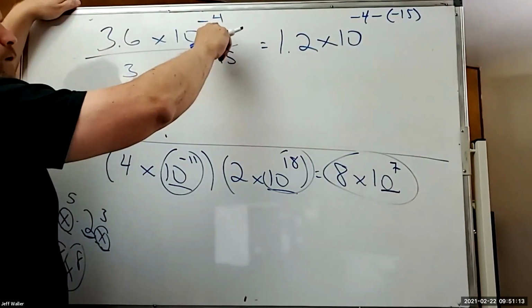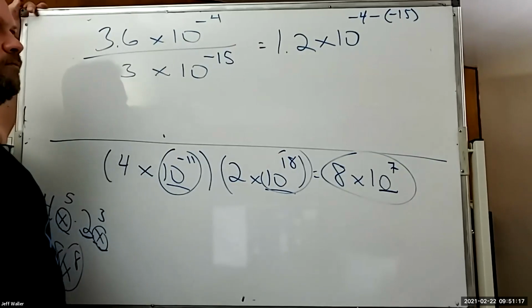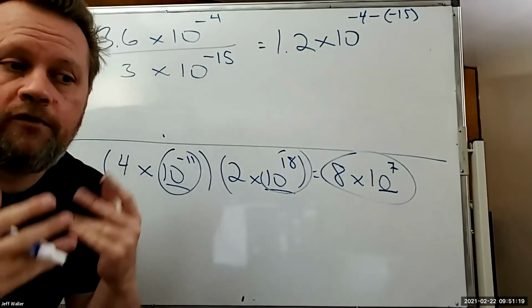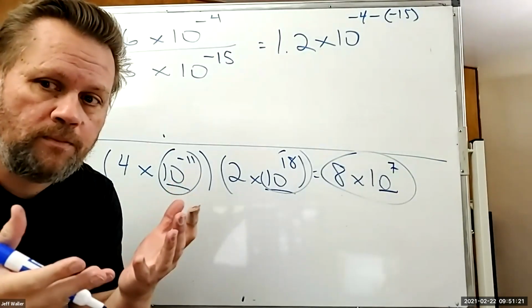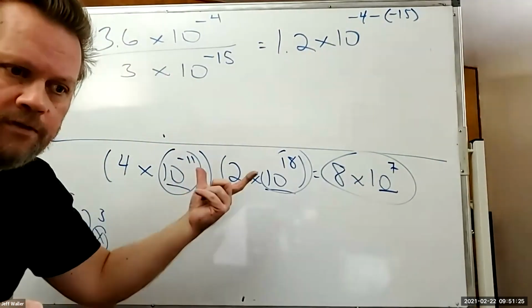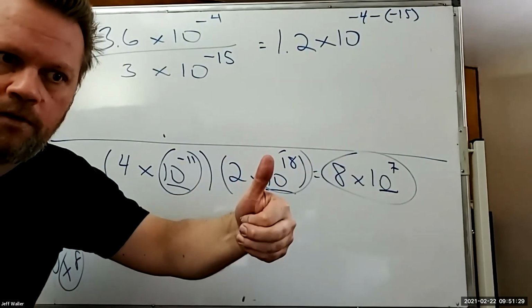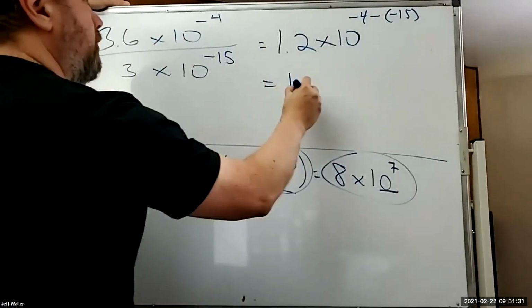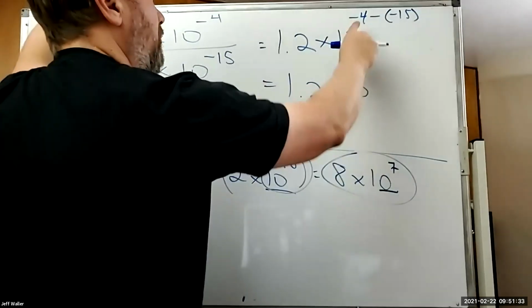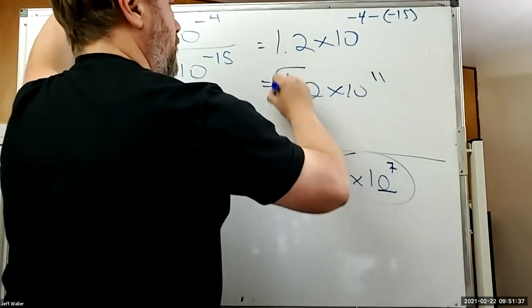Subtract that power minus that power. So when you divide things with powers, subtract the powers. When you multiply things with powers, add the powers. We know these. So it would be a positive 11. Look at that. Careful. No, I'm sorry, you're right. I forgot it was negative. So negative 4 plus 15, positive 11. I love it.